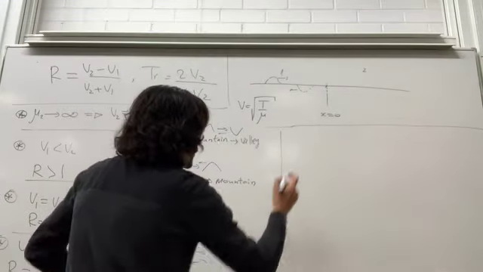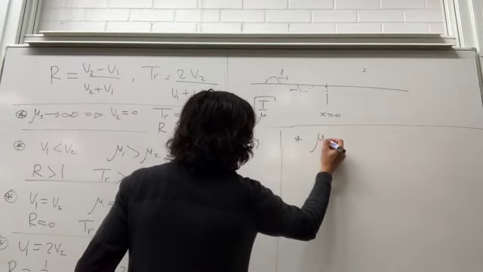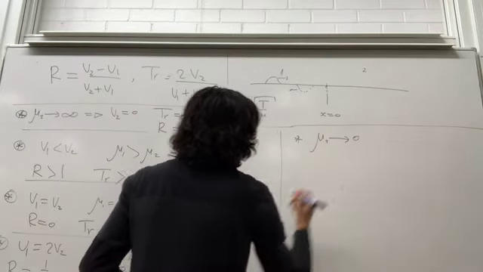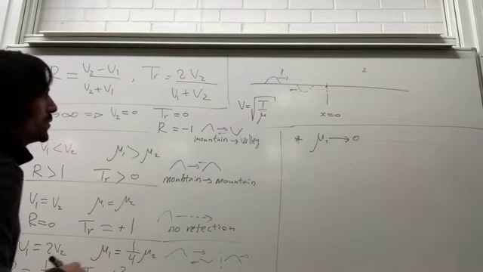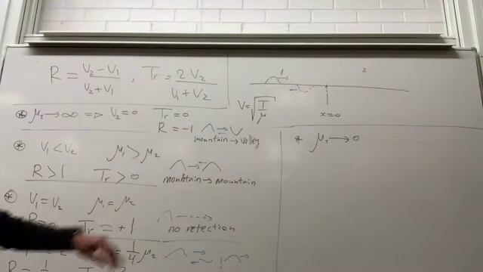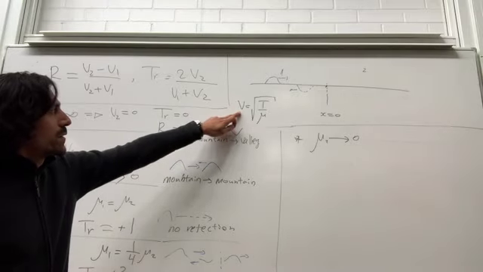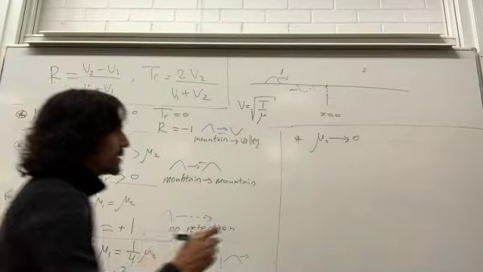Now, what happens if we take the following case where mu2 tends to 0? If mu2 tends to 0, then the propagation velocity on this side would tend to infinity.